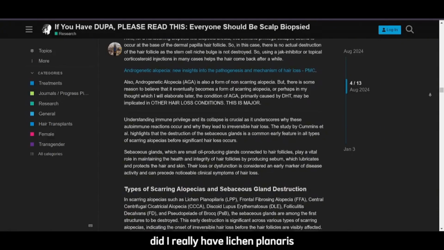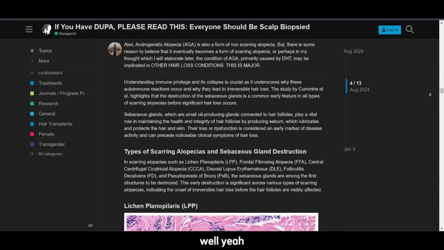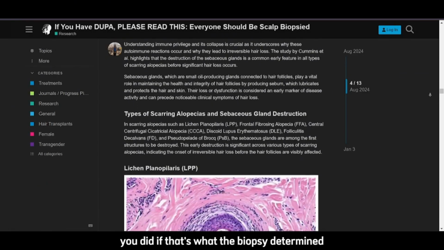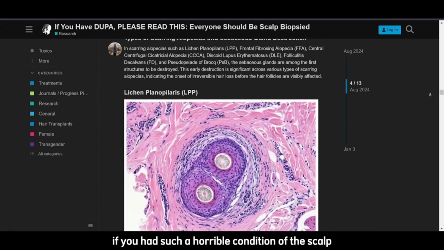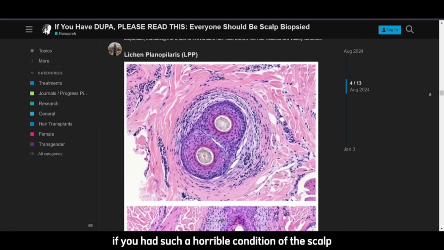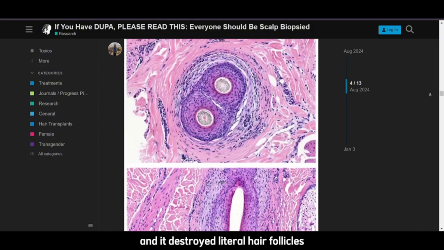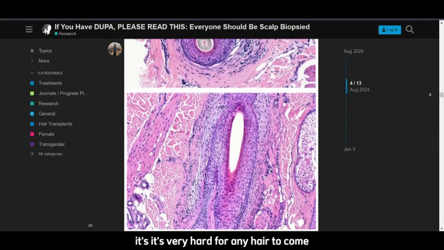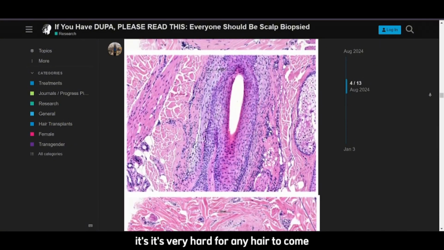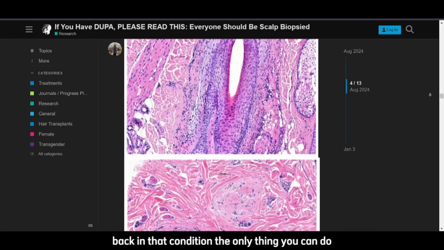Did I really have lichen planopilaris? Well, yeah, you did, if that's what the biopsy determined, but also at the same time, let's be real here, right? If you had such a horrible condition of the scalp and it destroyed literal hair follicles, what are you asking for, right? It's very hard for any hair to come back in that condition.